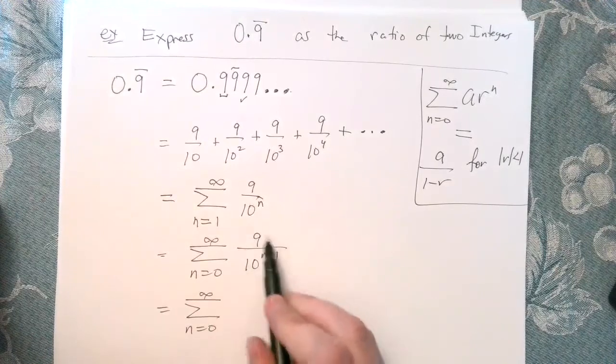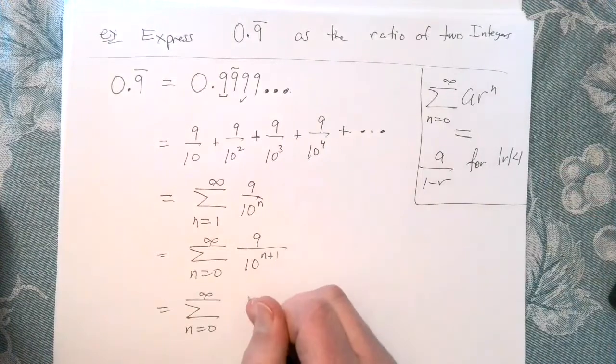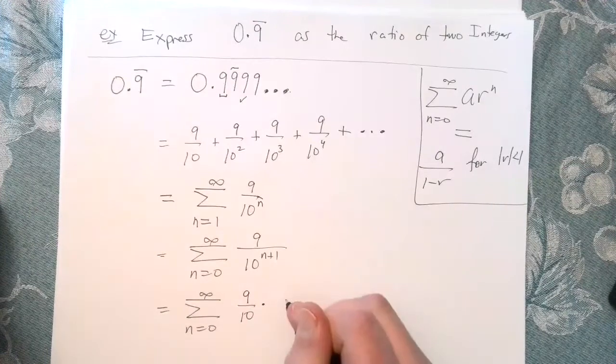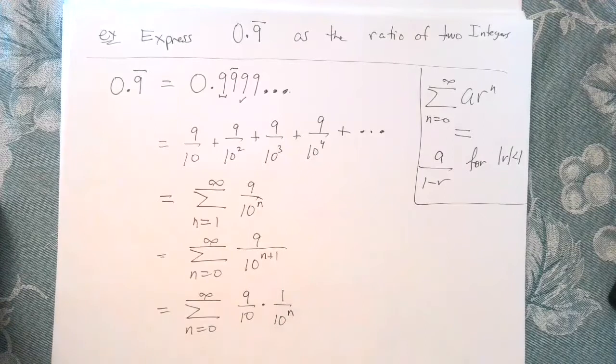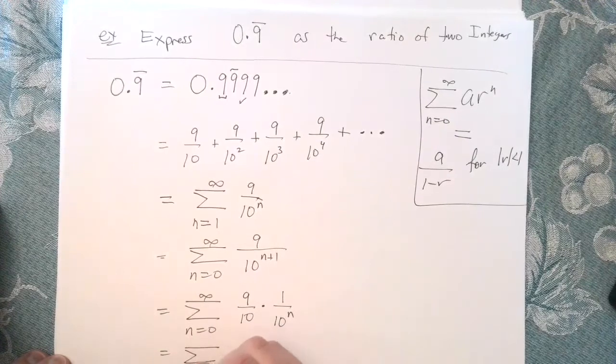And so now I want to break this up in such a way that it mimics this idea. So what could we do? We could have 9/10 times 1 over 10 to the n. Well, that seems promising because we can write that in our form.